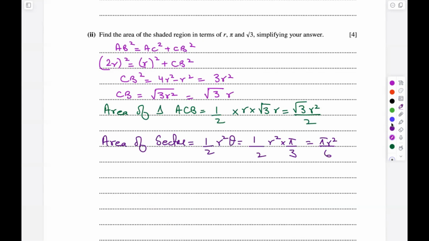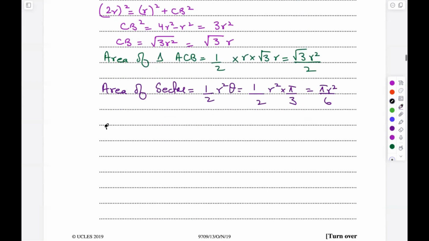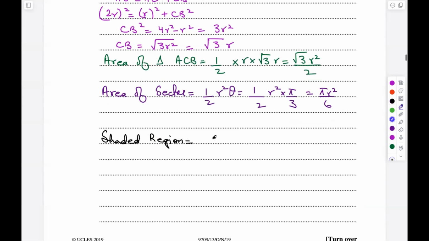Now to find the area of the shaded region, the shaded region will be equal to the difference of the two areas. Okay, so this is not the correct spelling, shaded. So the shaded region will be equal to the area of the triangle, which was root 3R squared upon 2, minus the area of the sector, which is pi R squared upon 6.